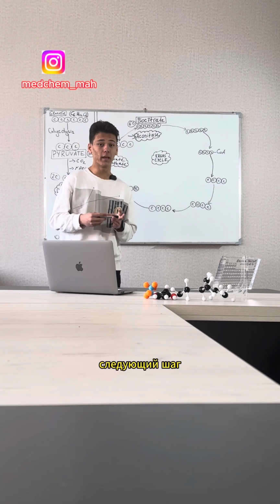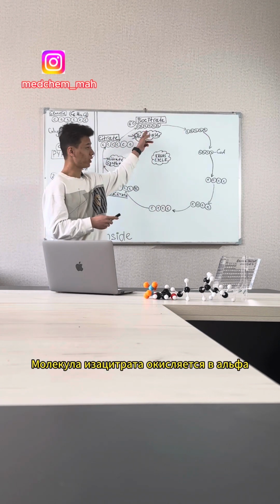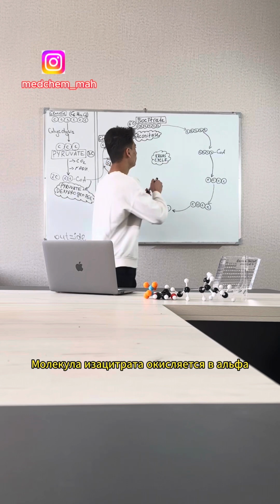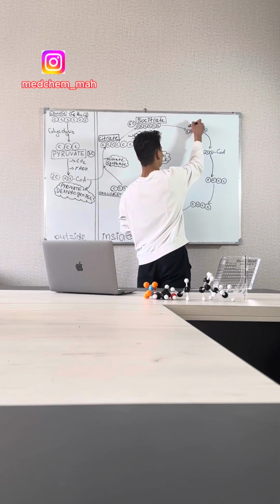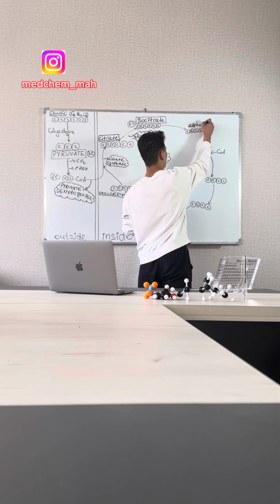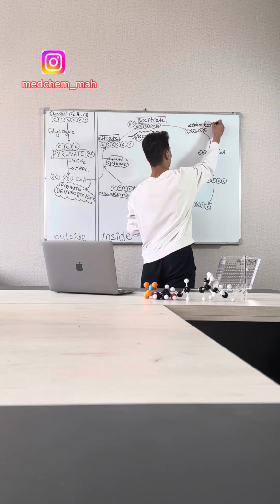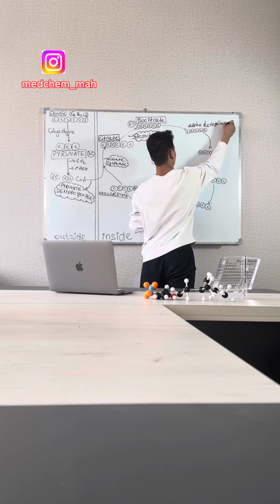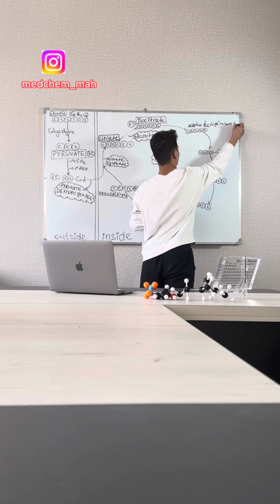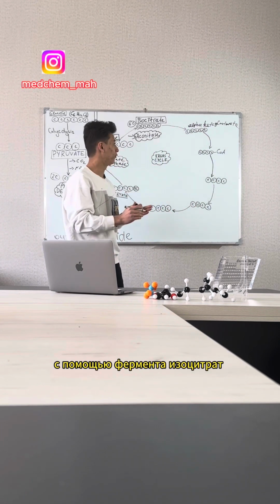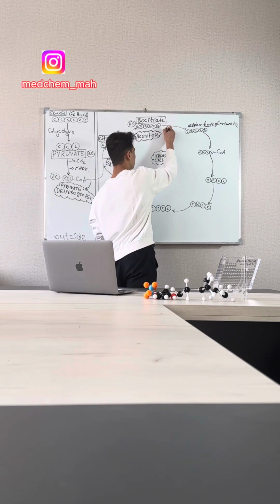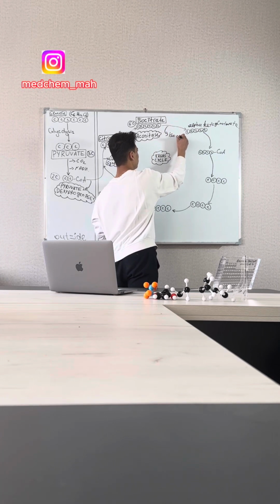The next step is that the molecule of isocitrate is oxidized into alpha ketoglutarate by the enzyme isocitrate dehydrogenase.